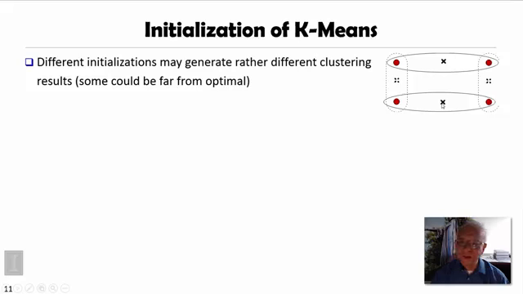They will not move. So you find a pretty ugly cluster, because if you group things vertically into 2 clusters, the sum of the squared distance, or SSE, becomes rather small. From this point of view, we know the quality of the clustering could be very sensitive to the initialization.